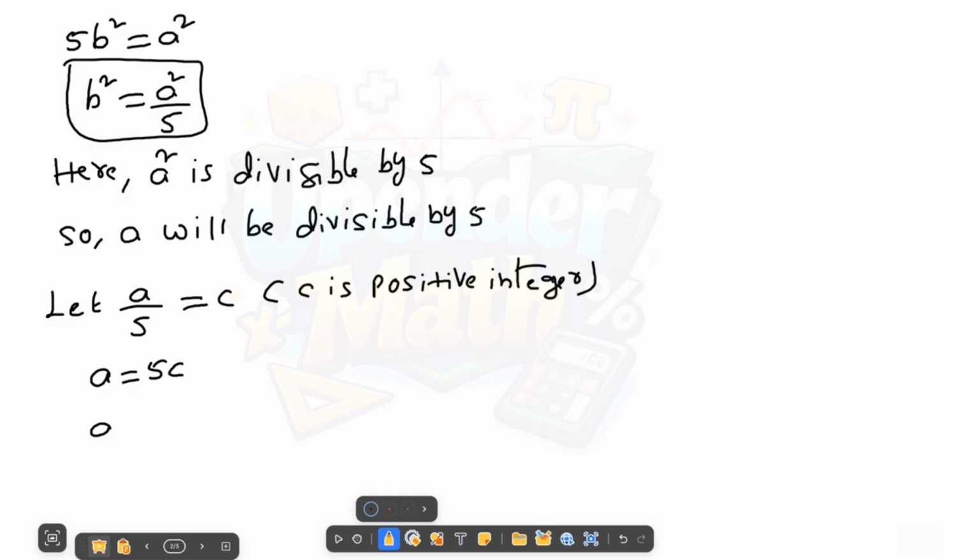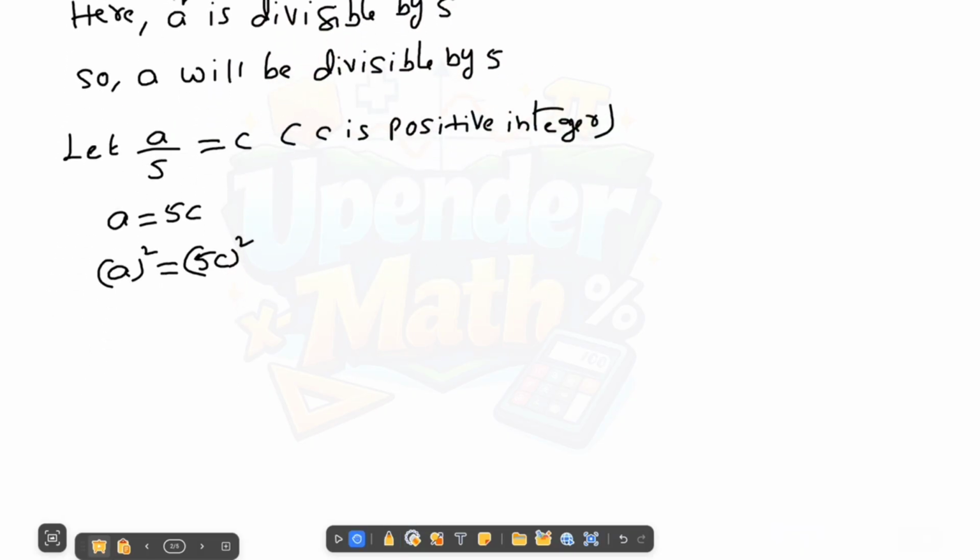Now squaring on both the sides. a square is equal to 5c whole square. Now a square is a square. 5 square is 25 and c square is c square. So 25c square.